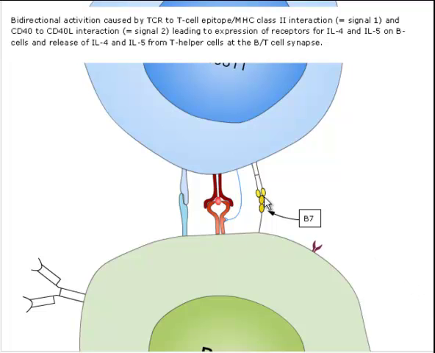So you'll see this interaction of the 2 proteins. You start seeing the accumulation now of the interleukin 4 and interleukin 5 receptors on the surface of the B cell. The cytokines, IL-4 and IL-5, are secreted from the T helper cell, and they bind to these receptors and activate the B cell.